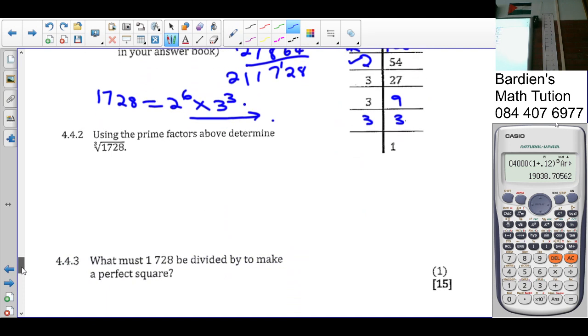The next question says, using the product of the prime factors above, determine. So you must use this answer here. Instead of saying using the prime factors above, what could they have also said?